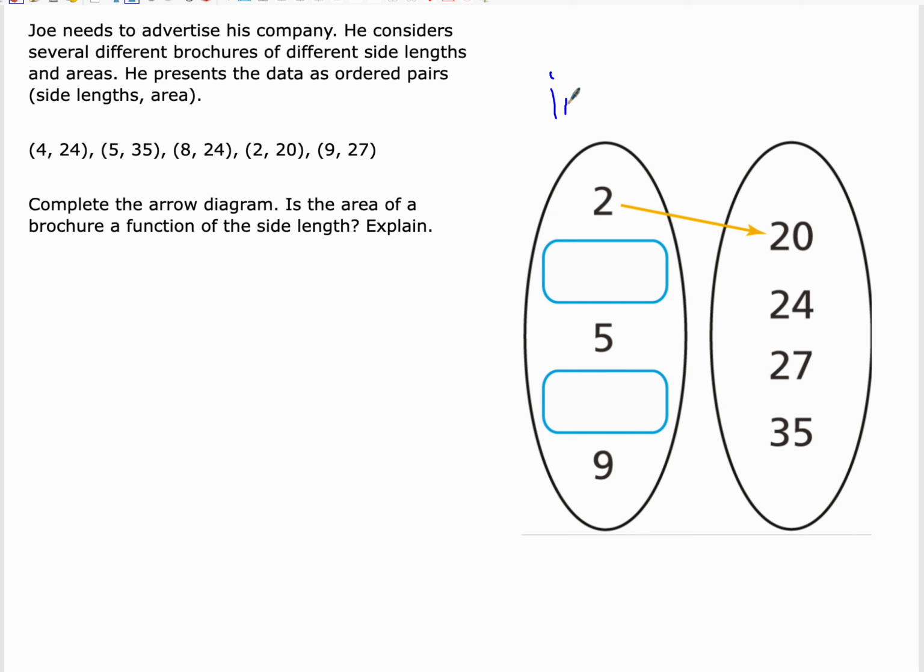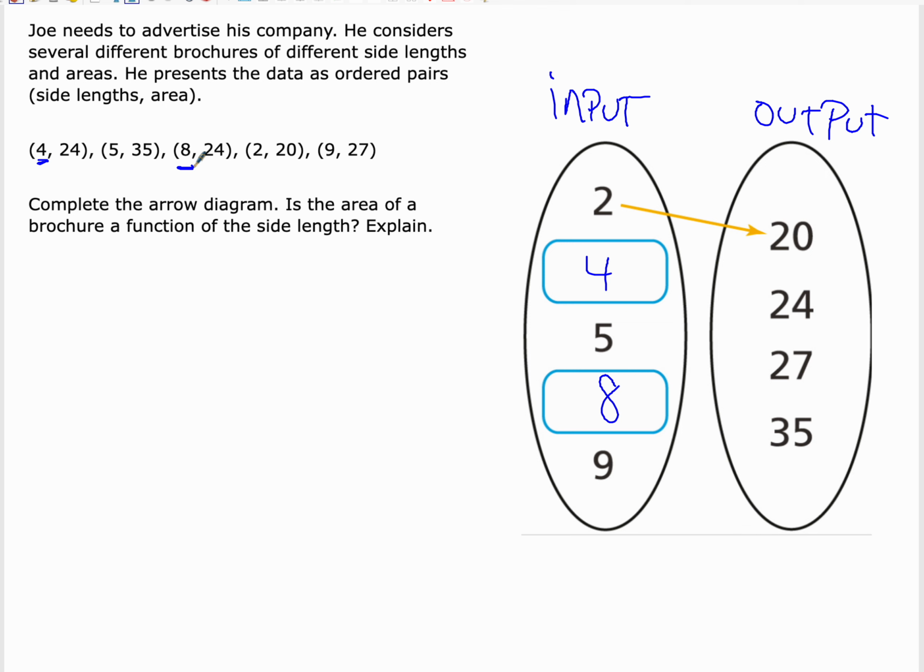These numbers are our inputs, right? And these numbers are our outputs. So what numbers am I missing? 4 and 8, okay? We got those numbers from this list of ordered pairs. I was missing this 4 and this 8. So now I just need to complete the arrow diagram.